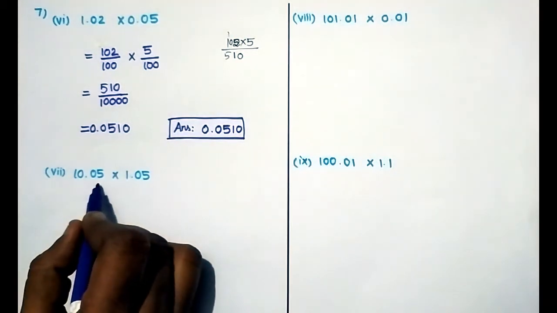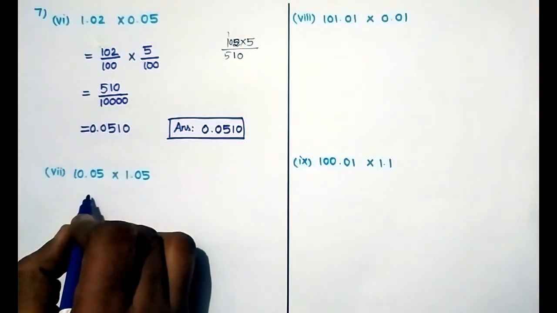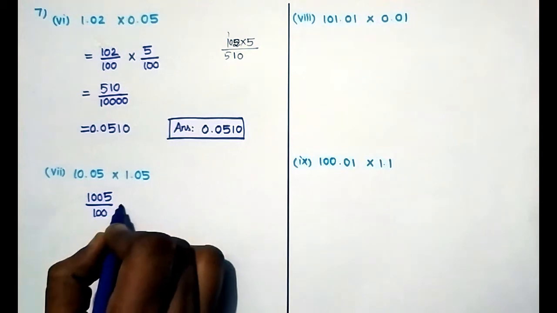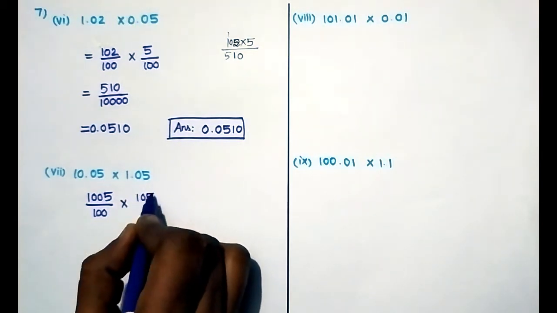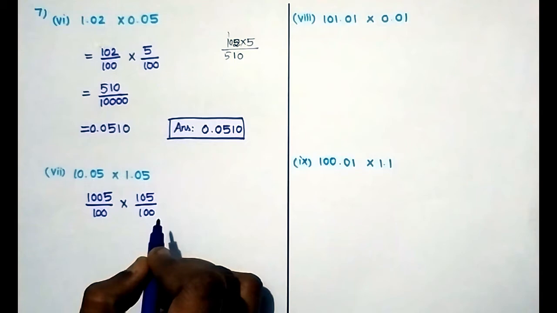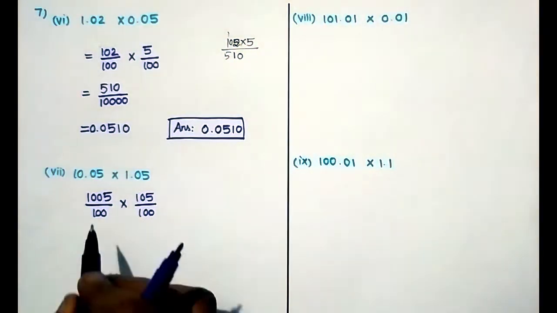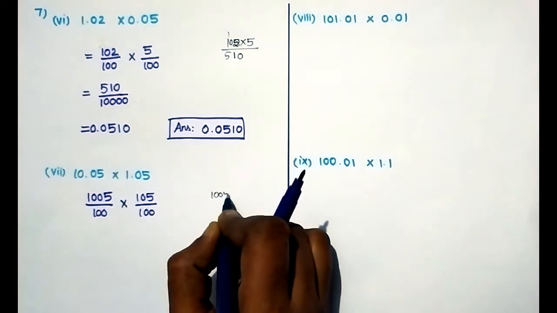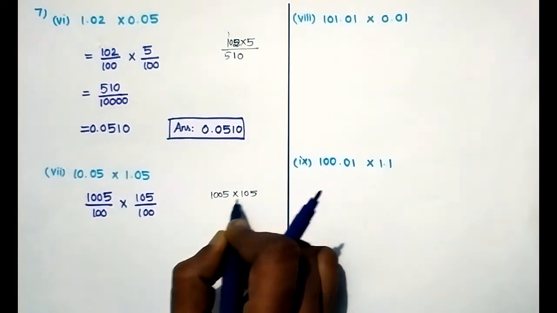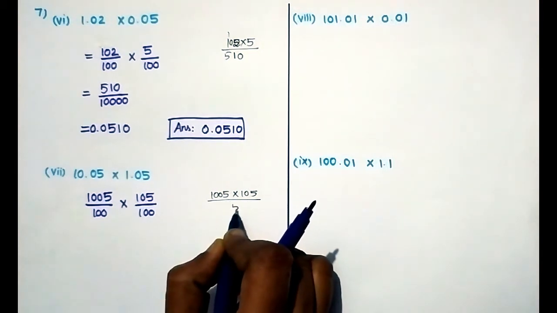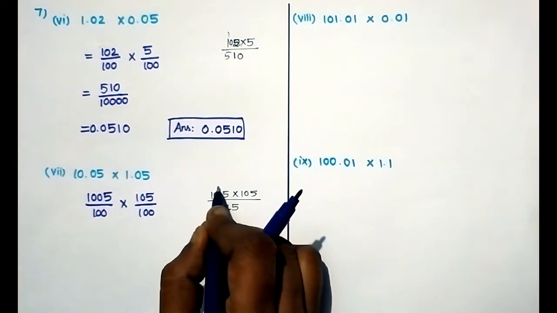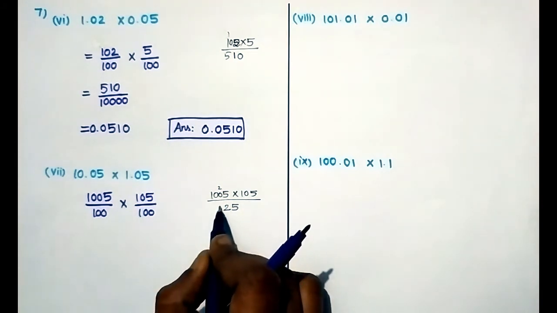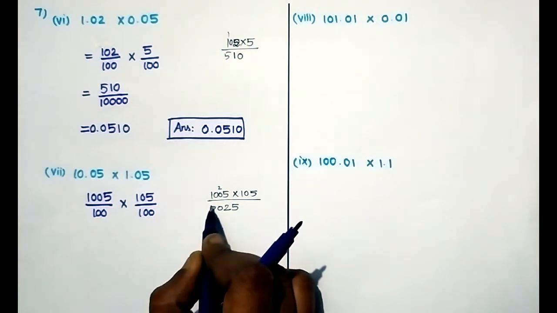Next one, 10.05 into 1.05 divided by 100 into 105 divided by 100. Now multiply this 1005 and 105. First the 5 table, 5 5s are 25, carry over 2, write down as it is, and 0 into 5 is 0, and 1 5 is 5.